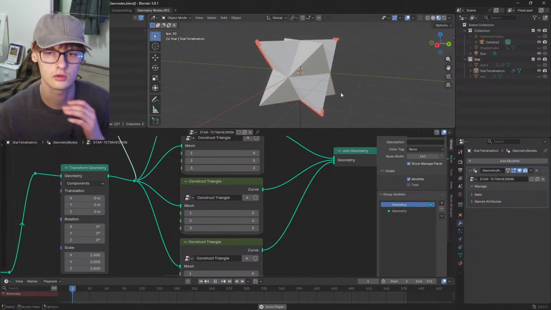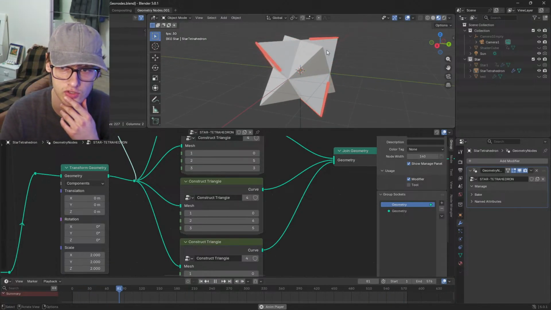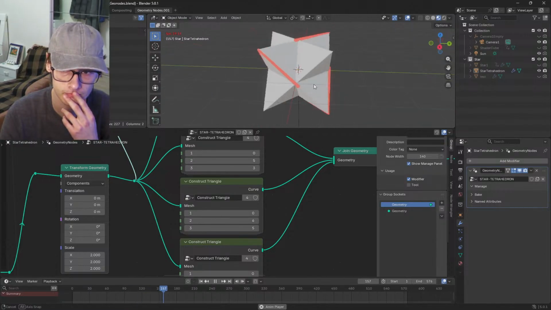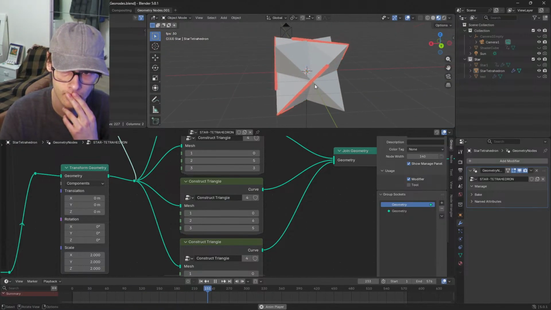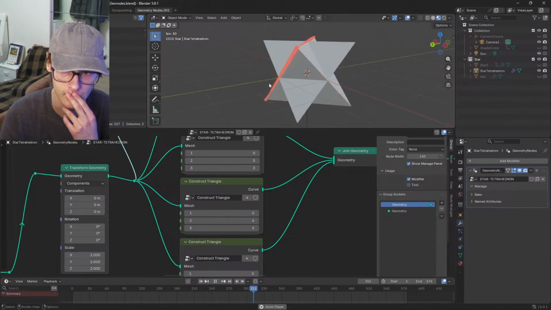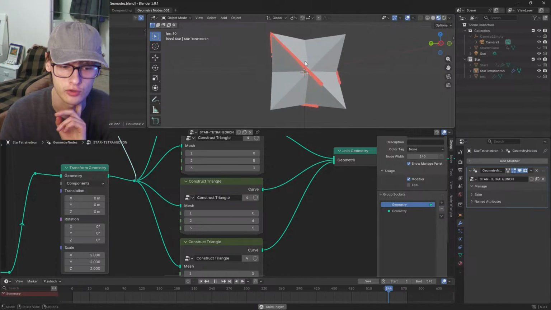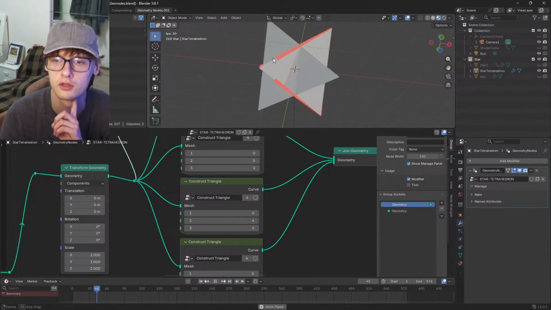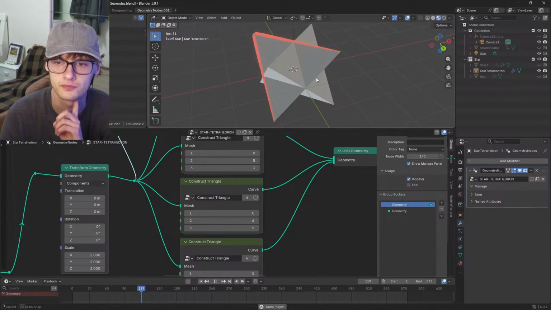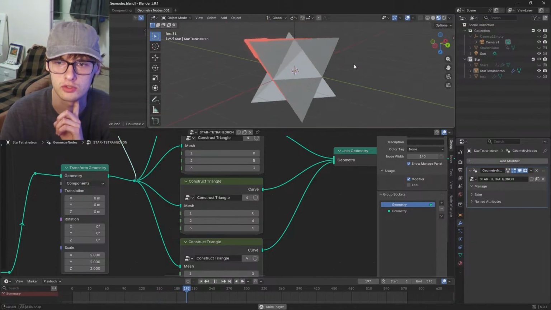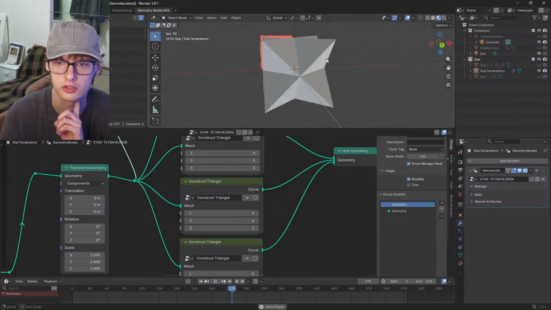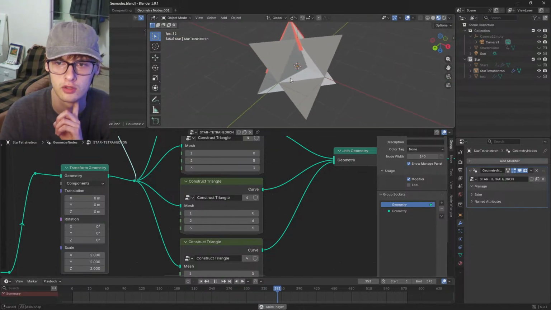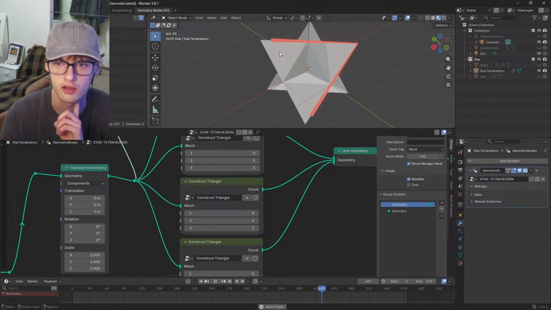Now the other question for myself is, do I want to trace this triangle? The answer is I don't know. Is there some sort of algorithmic way I can... This pyramid which is being traced out has a clear top and a bottom, but this pyramid could have its top and bottom from any one of its corners.